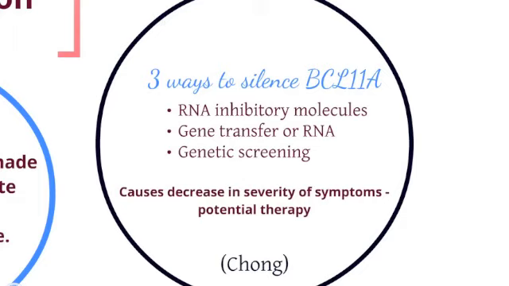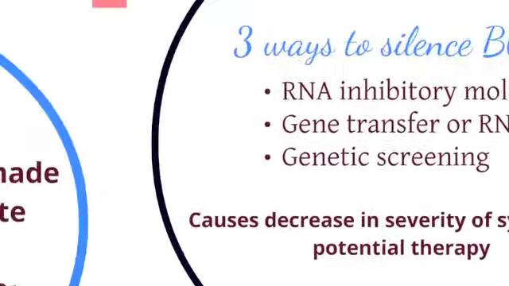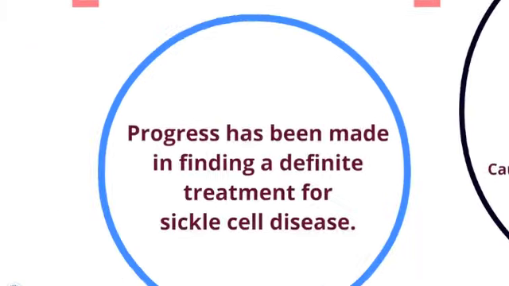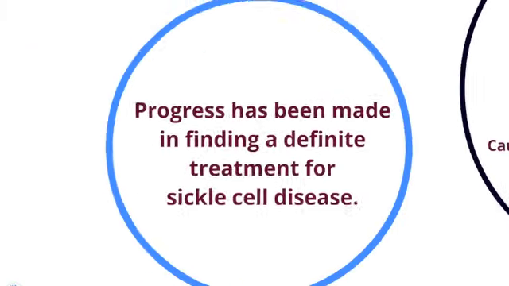Loss of BCL11A enhances fetal hemoglobin levels, which causes a decrease in the severity of symptoms for sickle cell disease, and can potentially be a therapy. In conclusion, we are now a lot closer to finding a definite treatment for sickle cell disease.